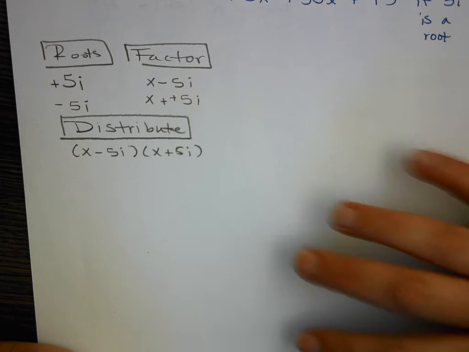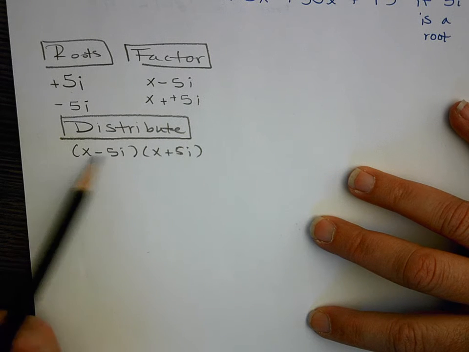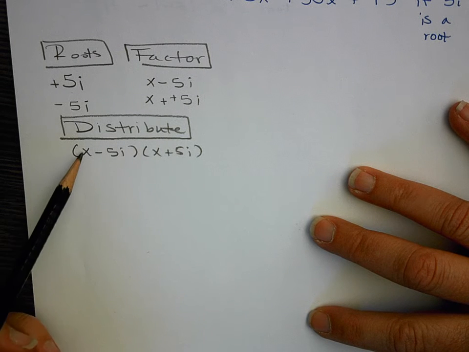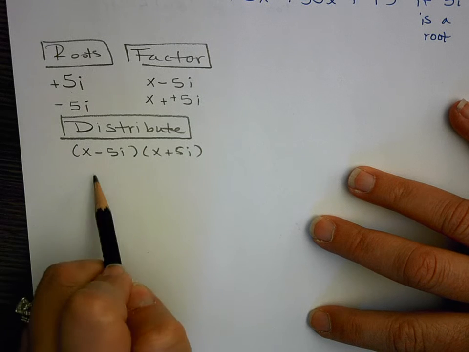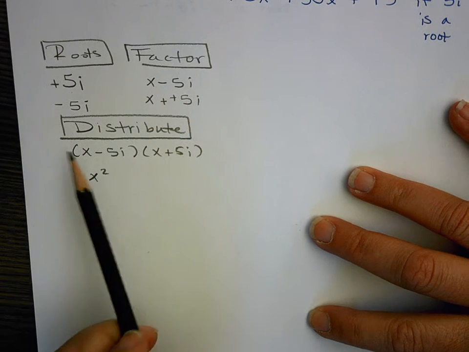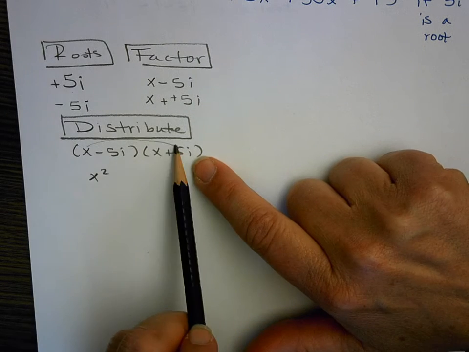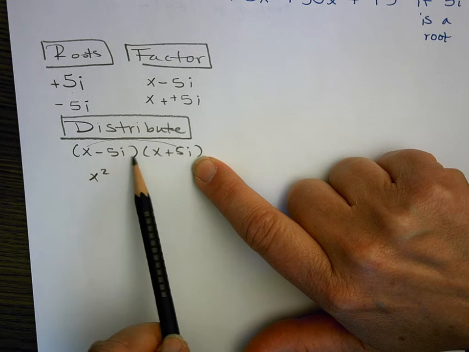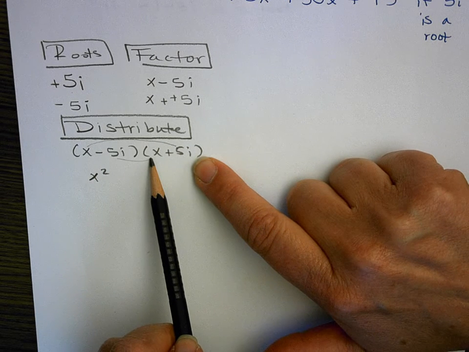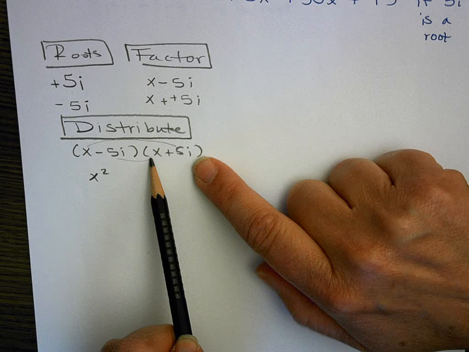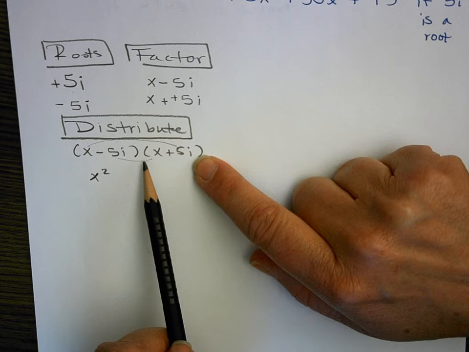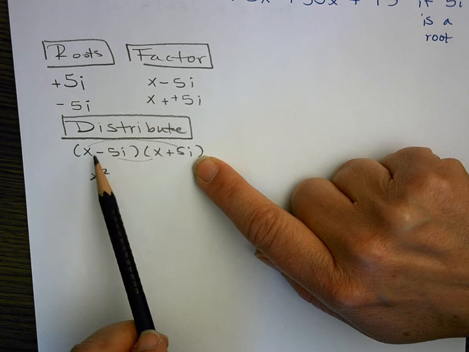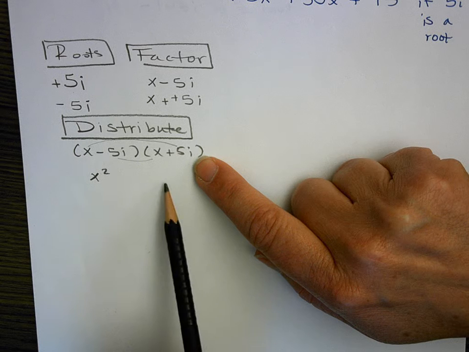So we would have integer coefficients. Because these are conjugates, when I distribute them, I'm going to multiply x with x, which would give me x squared. And then if I multiply x with 5i and then x with negative 5i, those two would cancel each other out, right? That's the beauty of the conjugates, your middle terms will always cancel.